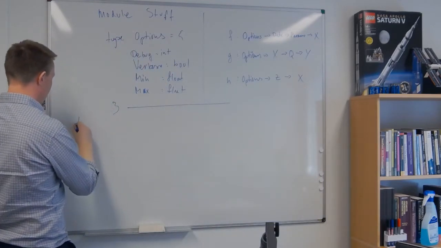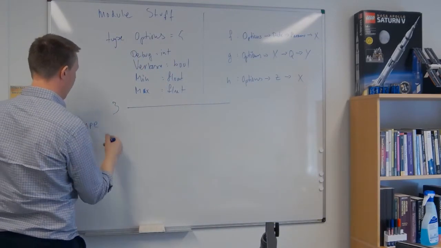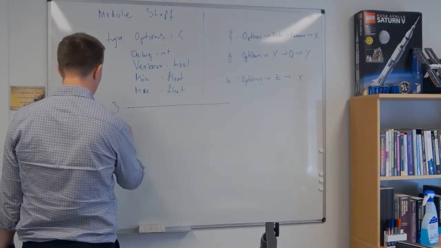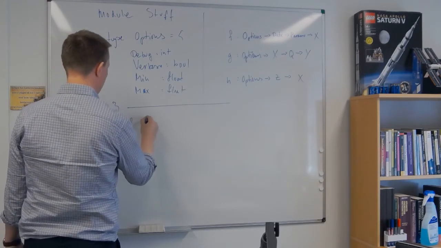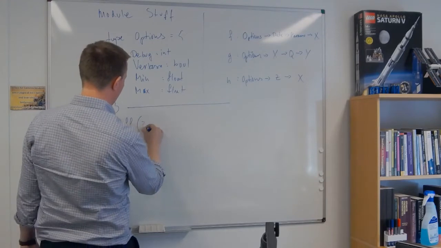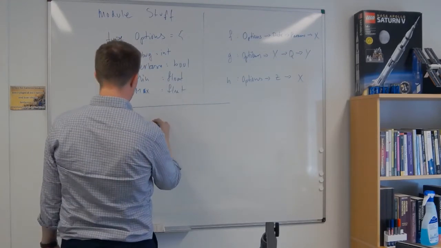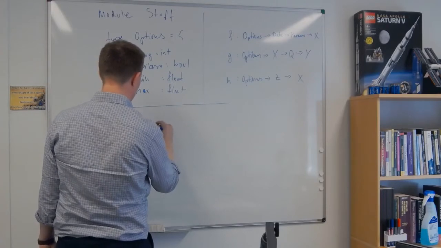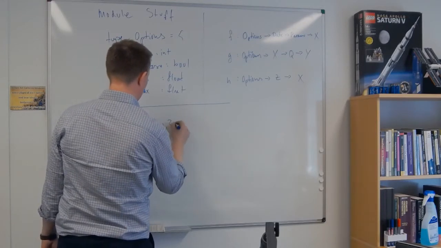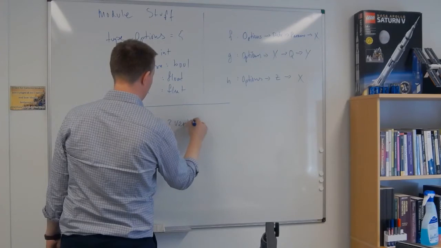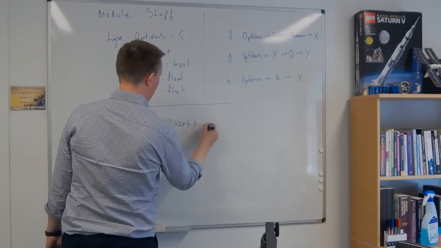This is now a class, type stuff, and it's going to have a constructor, and then I'm going to have some optional arguments to it, like, for example, debug, verbose, and so on.